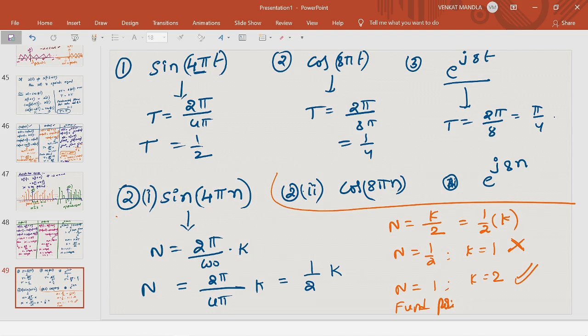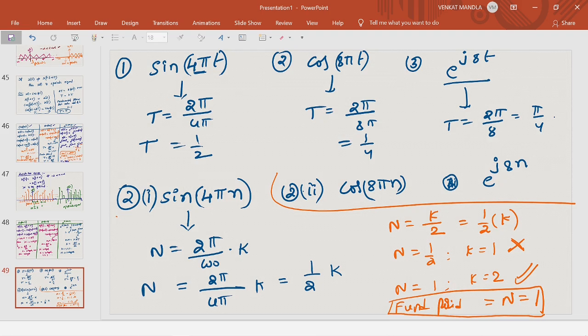The fundamental period is n equal to 1, not 1 by 2, because this is a discrete time signal and for discrete time signals n must be an integer. So the least possible integer we get at k equal to 2.